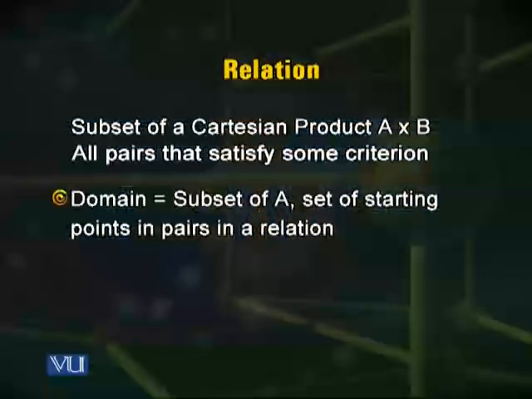There are two important sets that we talk about when we talk about relations. The first set is called the domain of a relation. The domain of a relation is a subset of the first set.